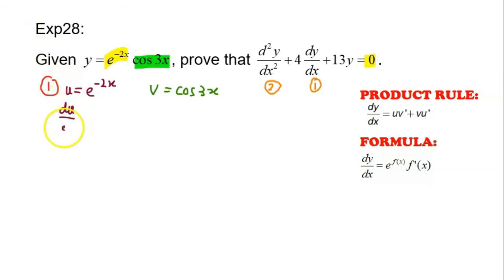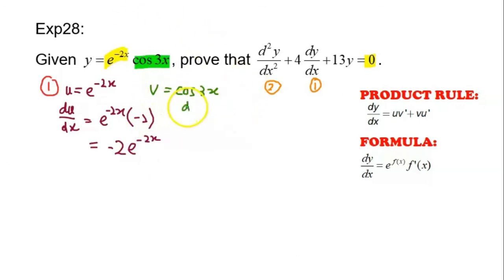Differentiate u with respect to x: copy back the exponential function, then differentiate its power negative 2x, which equals negative 2. Simplify the answer to negative 2 times e to the power of negative 2x.